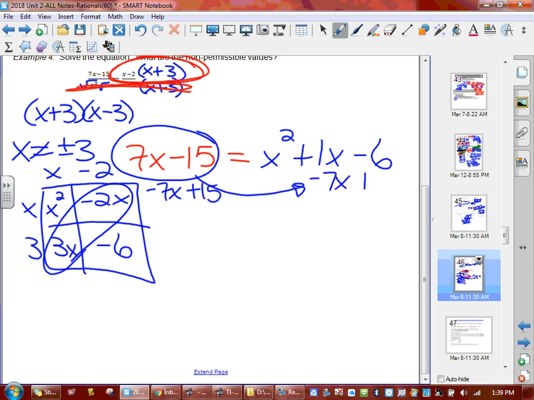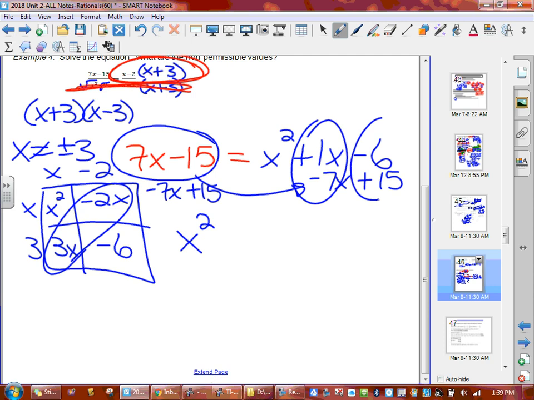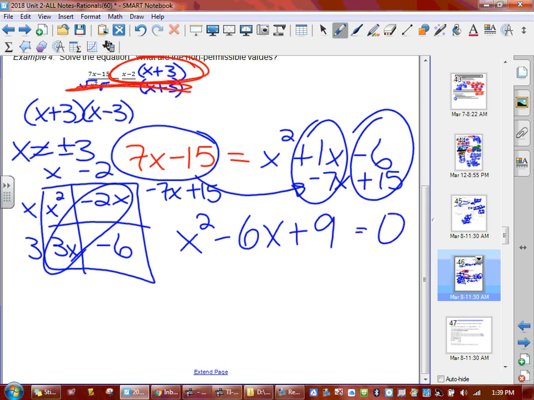Okay? So now we end up with x squared. We've got to add our x's and add our digits. Minus 6x plus 9 equals 0.